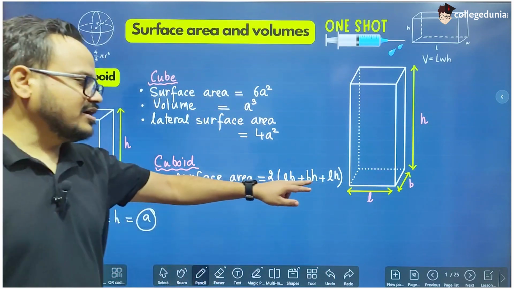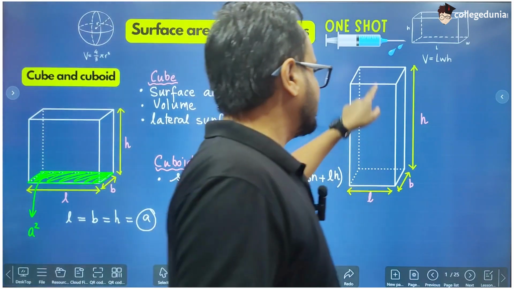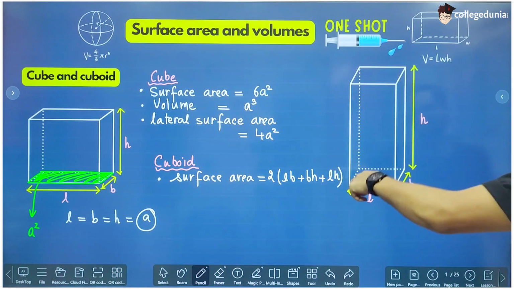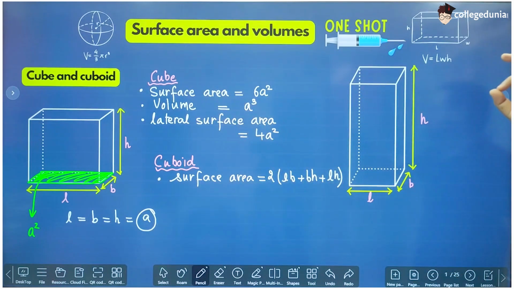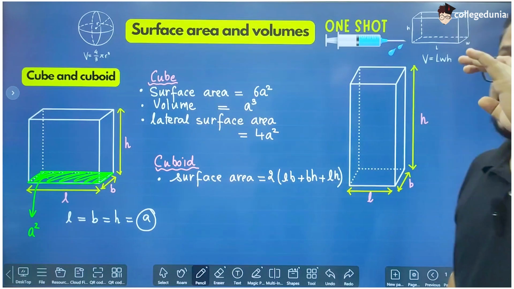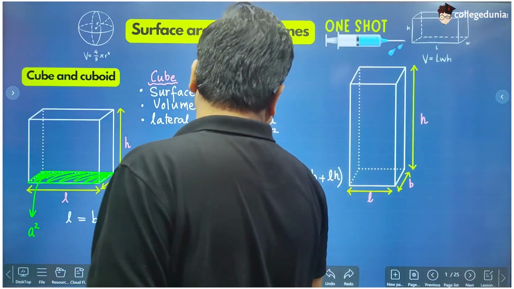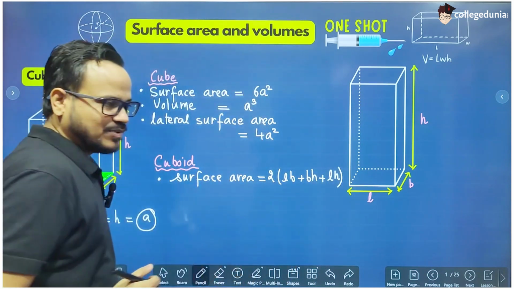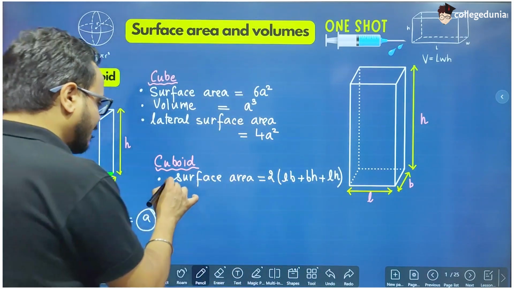Because we have added it like this: LB plus LB plus LH plus LH plus BH plus BH, and it becomes 2LB, 2BH and 2LH, and if we take 2 common, then it becomes 2 into LB plus BH plus LH.